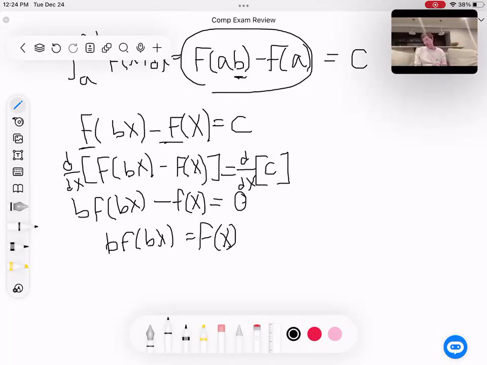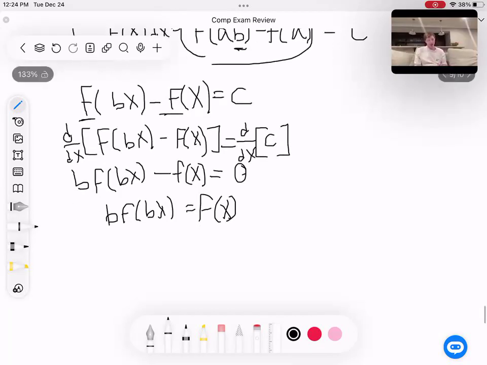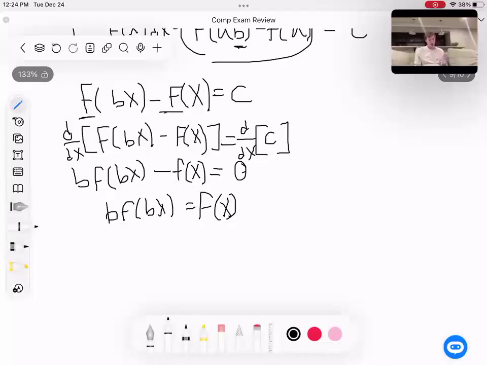Now, what happens if we divide this b over and keep the f of bx? Well, that's going to give us f of bx is equal to f of x over b.